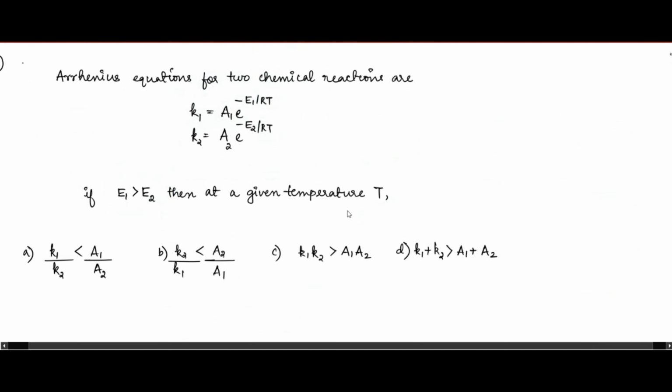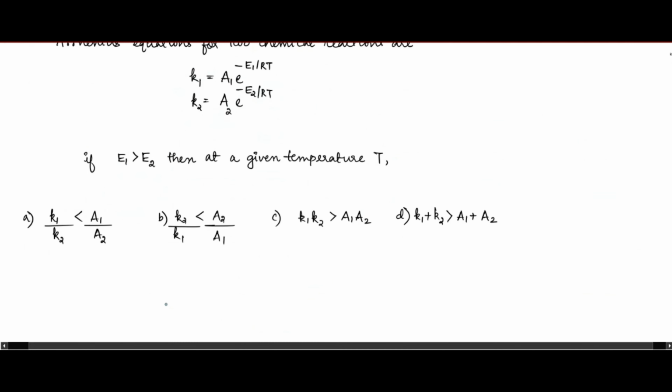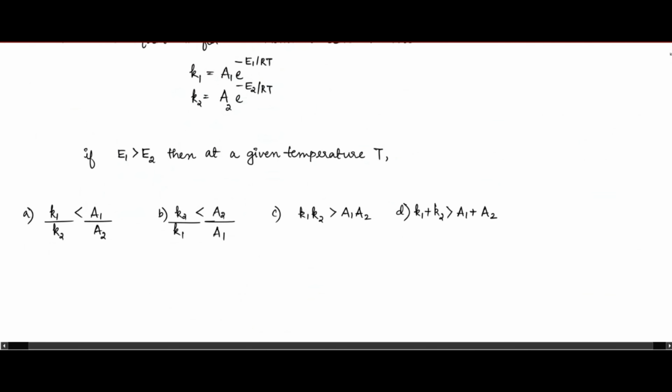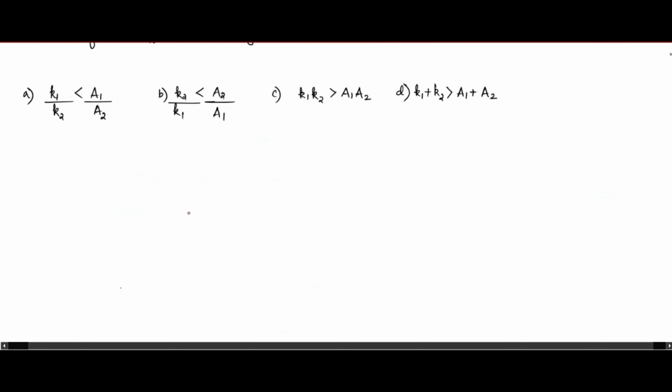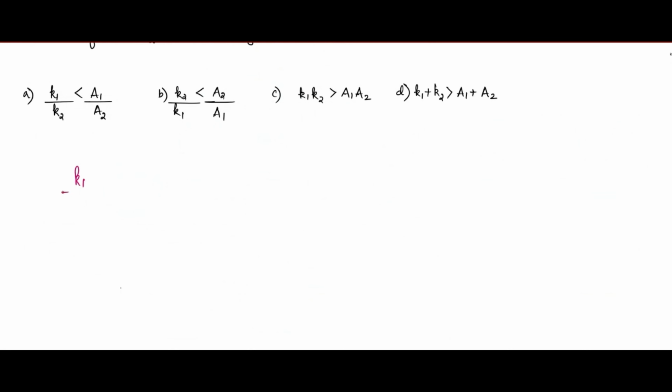What do we do? Of course, two relations are given to you. We'll first rearrange it and then try. From the first relation, let's write K1 by A1 is equal to e to the power minus E1 by RT. And from the second, K2 by A2 is equal to e to the power minus E2 by RT.